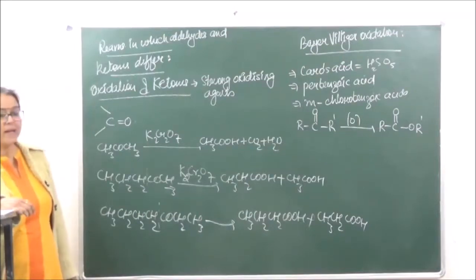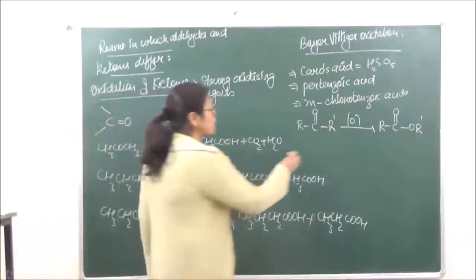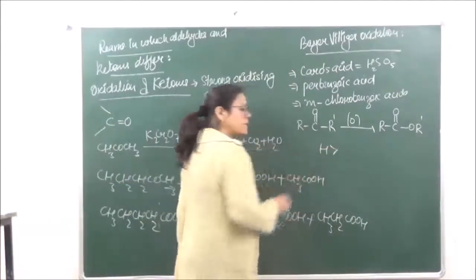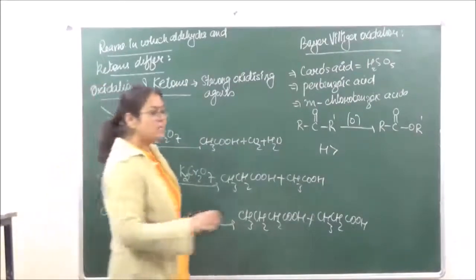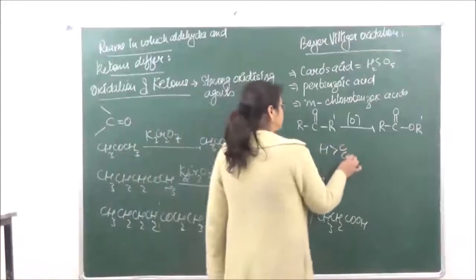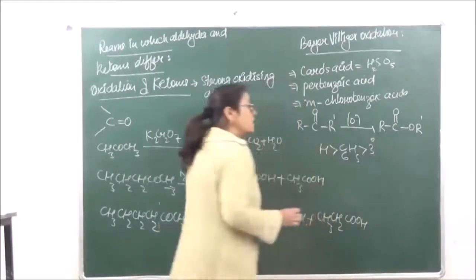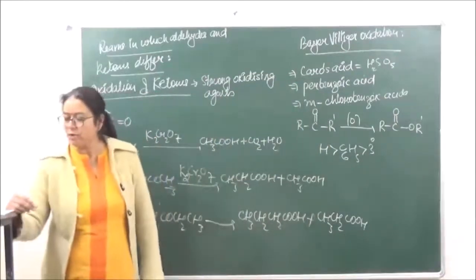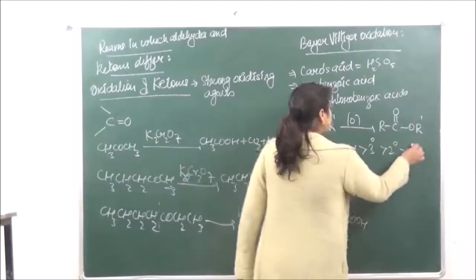So if there are unsymmetrical ketones, in decreasing order, hydrogen is going to be given the maximum preference, okay? Then after that we have C6H5, then after that the 3 degree alkyl group, and then after that 2 degree, and then after that 1 degree.